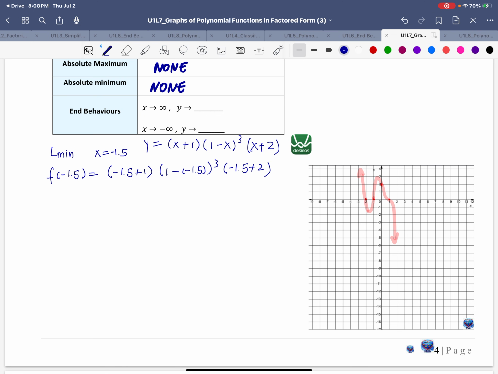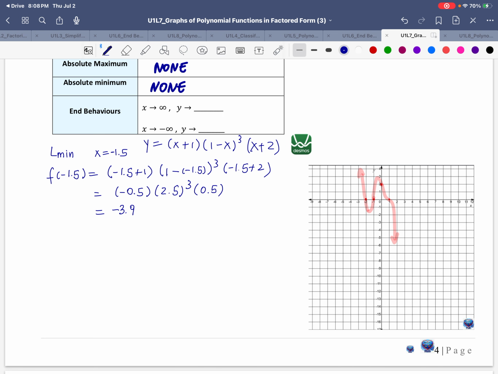Let's find out what this value equals. We have -0.5 here. Now, 1 minus -1.5 is 1 plus 1.5, so that's 2.5 to the power of 3, and this is going to be 0.5. So let's multiply -0.5 by 2.5 to the power 3, and then by 0.5, and we'll get -3.9. Looks like a pretty reasonable answer to me.